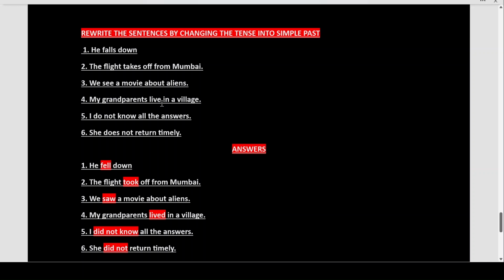My grandparents live in a village. Live past is lived. My grandparents lived in a village. I do not know all the answers. I did not know all the answers, because the past tense of do not is did not. She does not return timely. She did not return timely. The past tense of does not is did not. She did not return timely.